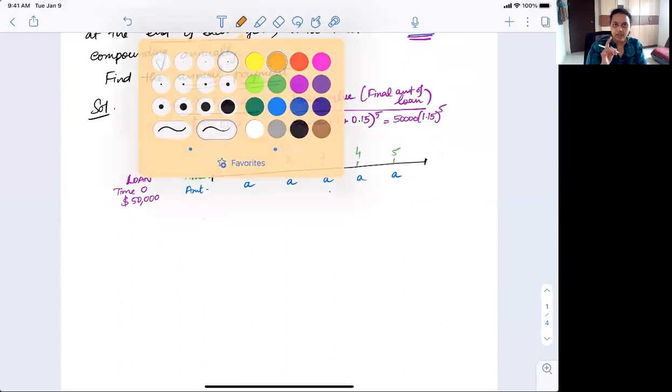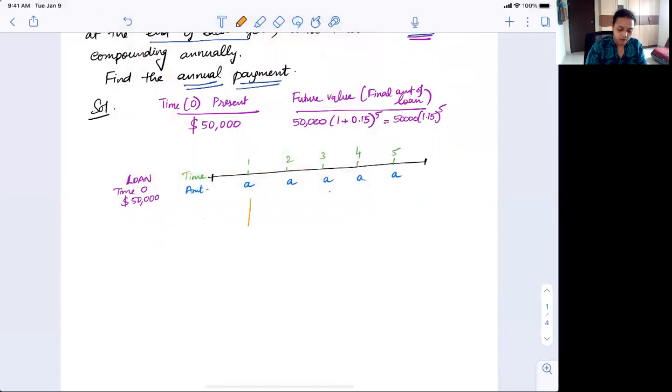If I need $A 1 year from now, I am going to need A divided by 1.15 to the power 1. If I need $A 2 years from now, I need A divided by 1.15 squared. Similarly, 3 years from now would be 1.15 cubed.